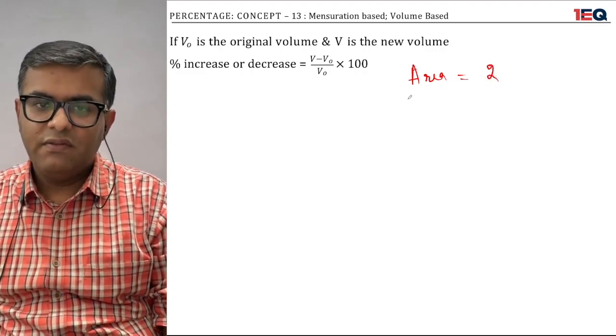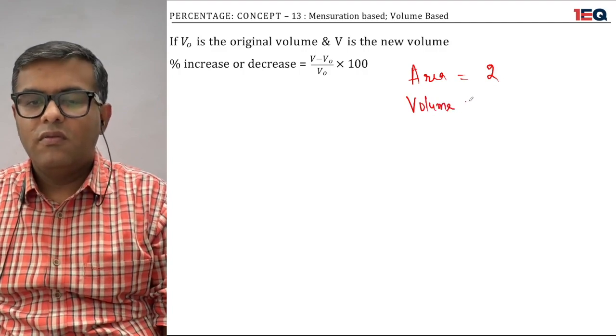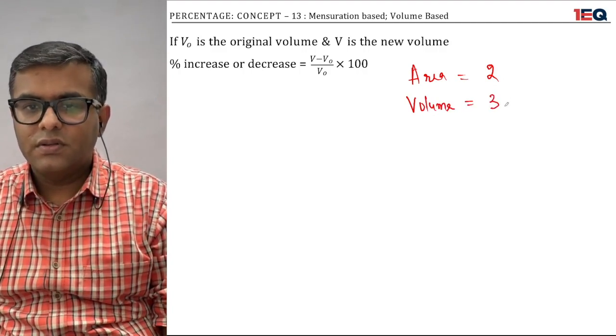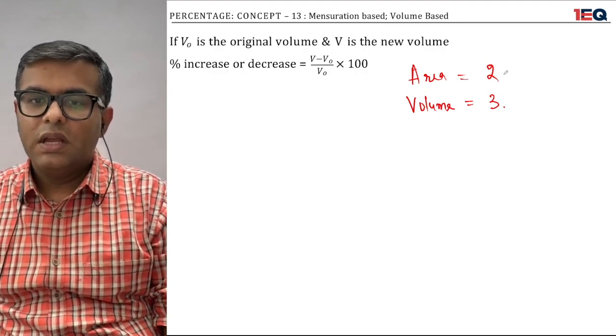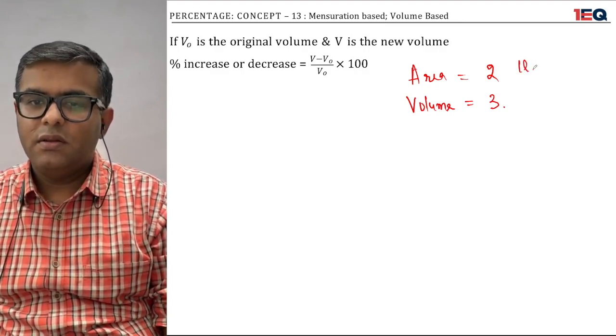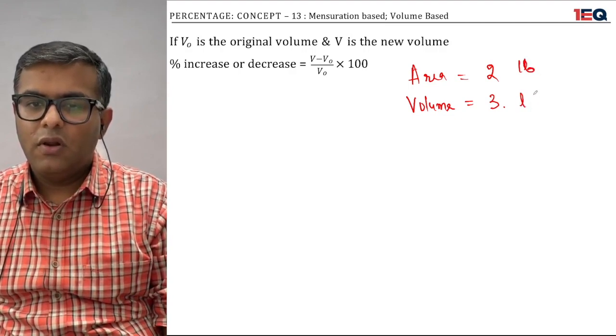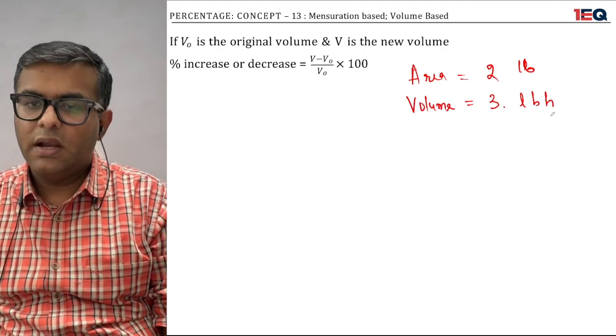When we talk about volume, we talk about three quantities. In area, there can be length and breadth. In volume, there can be length, breadth, and height.